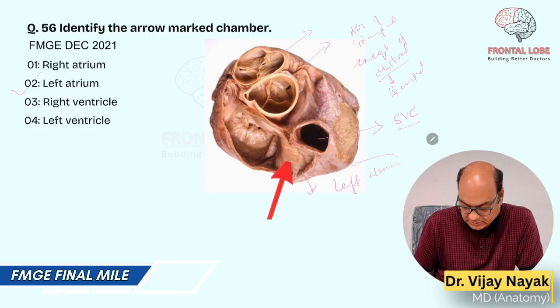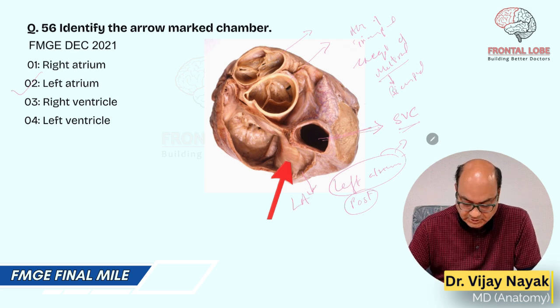Left atrium is actually a misnomer. It should be called posterior. The left atrium is not actually left, it is on the posterior side of the heart, just at the back of the superior vena cava. This is the SVC, this is your left atrium, this is the pulmonary trunk and the aorta.